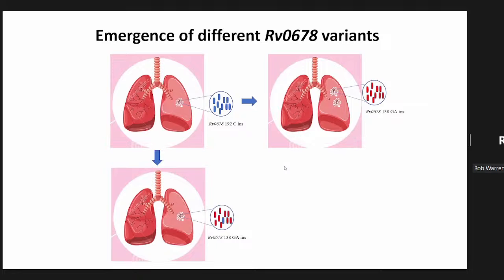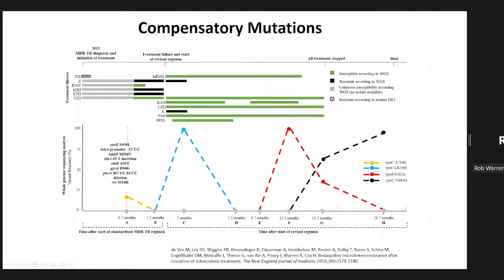One of the interesting things, and maybe many of you have heard of this, is that resistance is supposed to cause a fitness cost. But we also know that there are compensatory mutations that are able to ameliorate that cost.